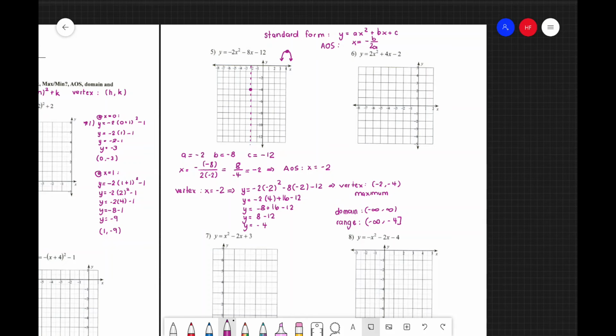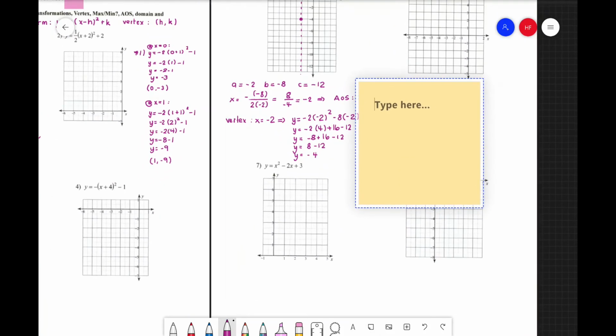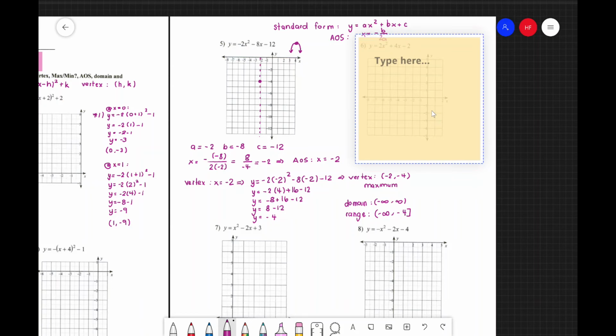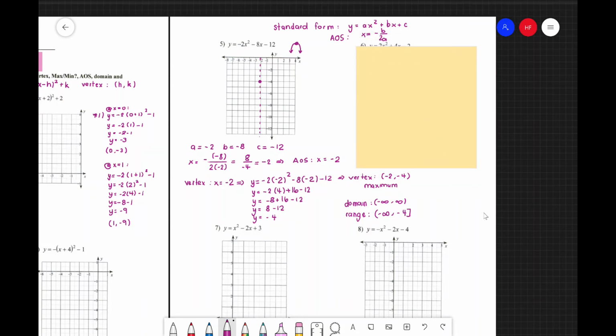So let's see if I can move this so I can cover the graph. Okay. So I need to find more points. So I'm going to plug in x equals 0. Let's see what happens there.